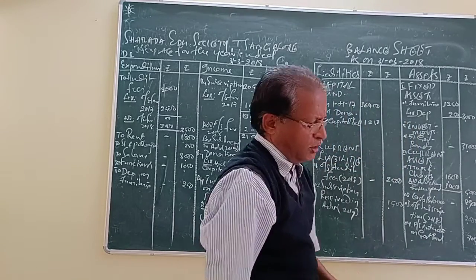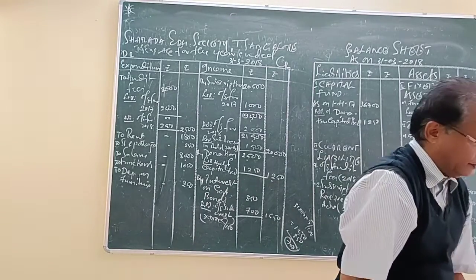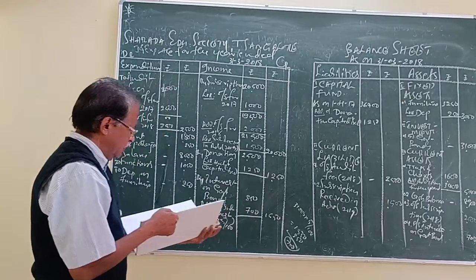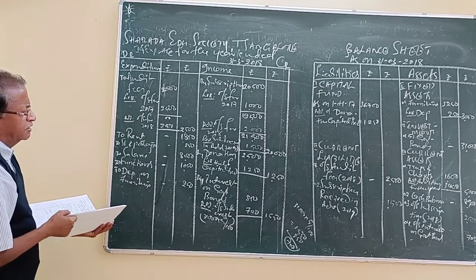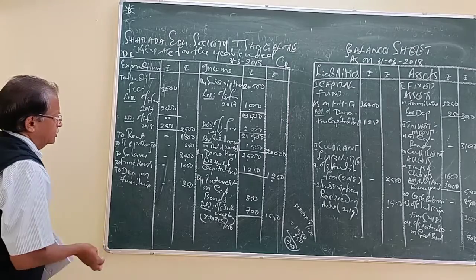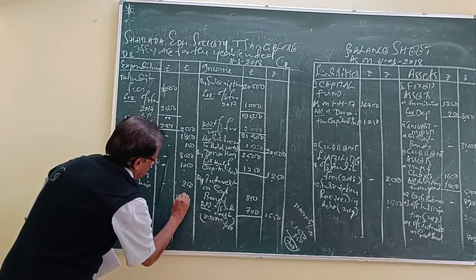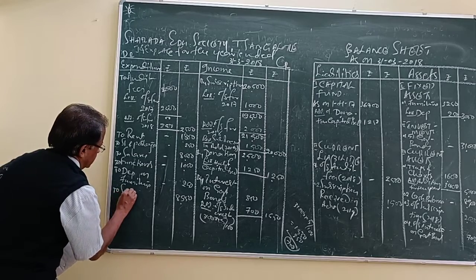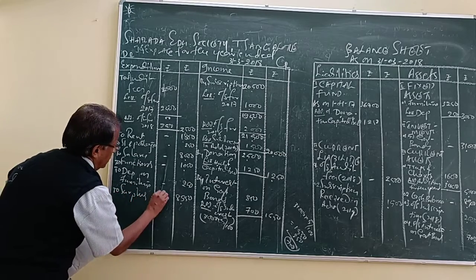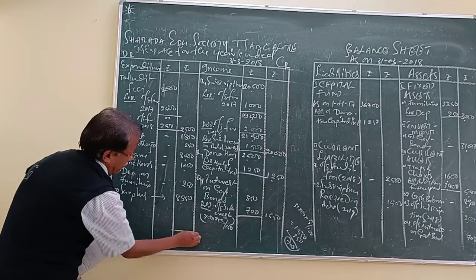Now, let us close the account and find out the difference. Income and expenditure account showing the credit side more. The difference is 8,950. This 8,950 is considered as surplus because credit side is more than the debit side.